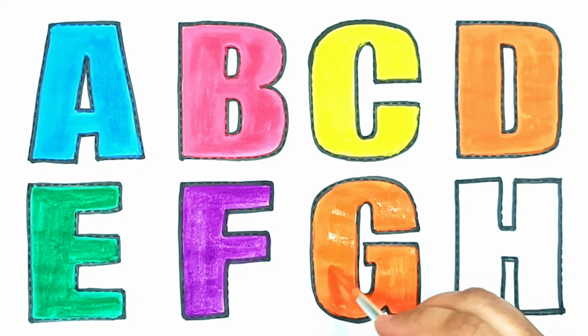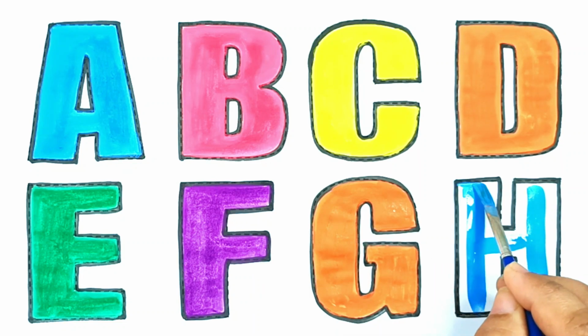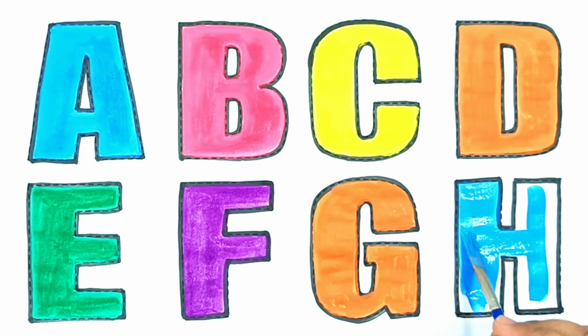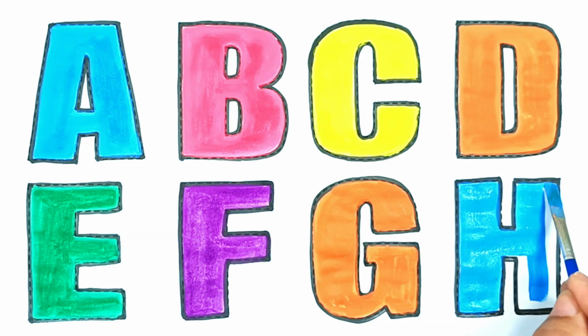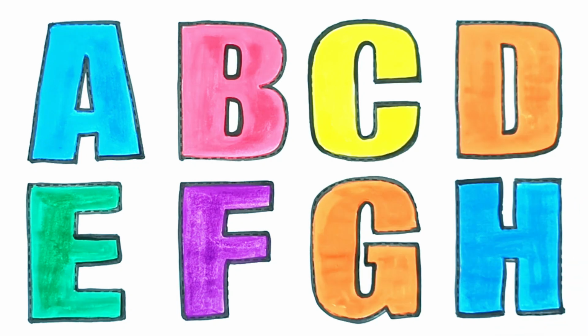G is for games, you play every day. H is for hammer. H is for hat. H is for hair, and your grandpa's is gray.